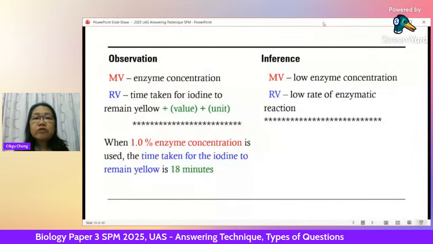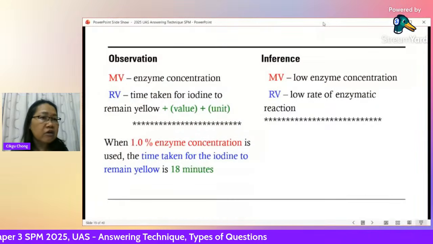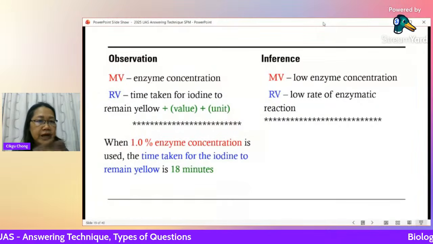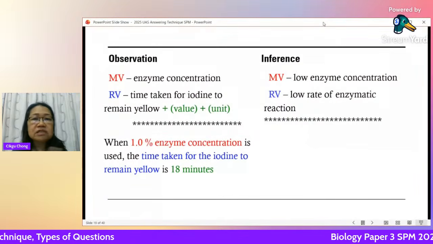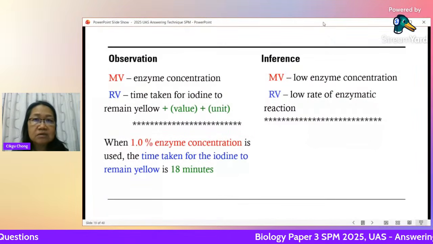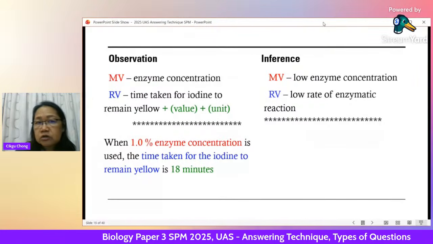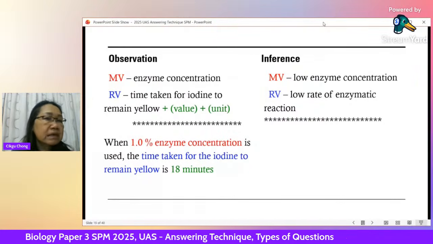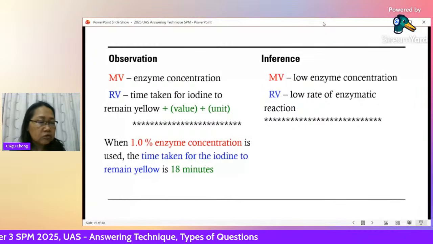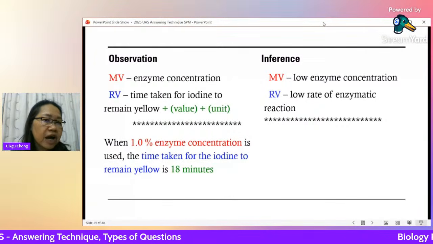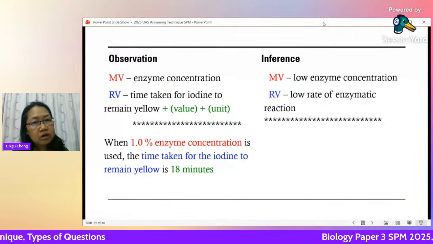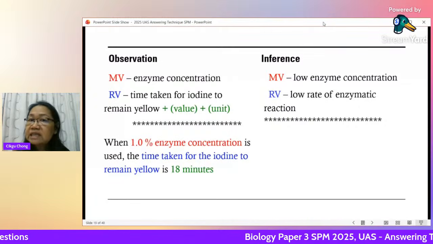So for your inference, please don't use the same MV, RV as your observation. You cannot give back the same answer. There's no such thing as them asking you the same thing twice, wasting your time, wasting the marks also. So inference cannot use the same MV, that means enzyme concentration. Inference cannot use the same RV, time taken for iodine to remain yellow, wrong. You should be talking about rate of enzyme reaction.